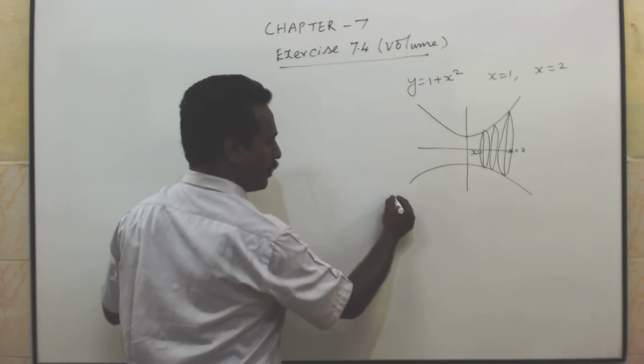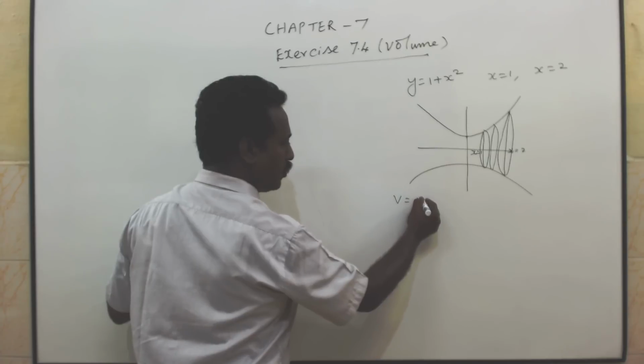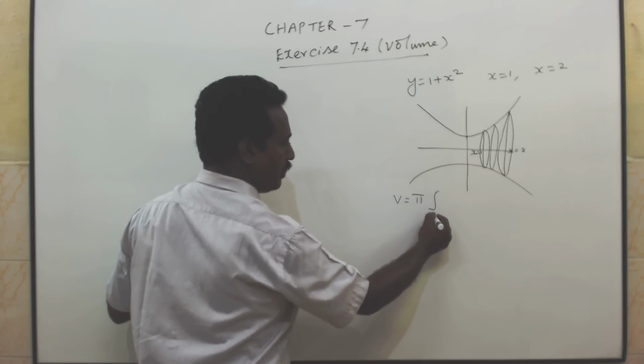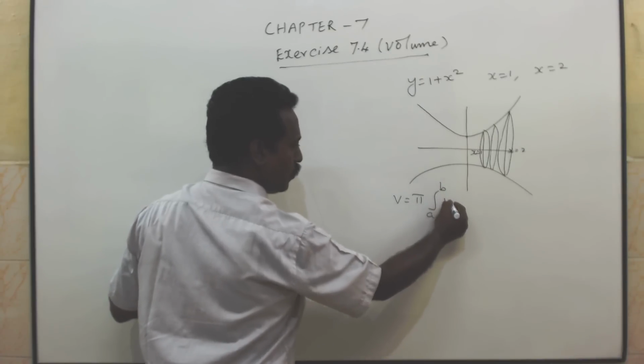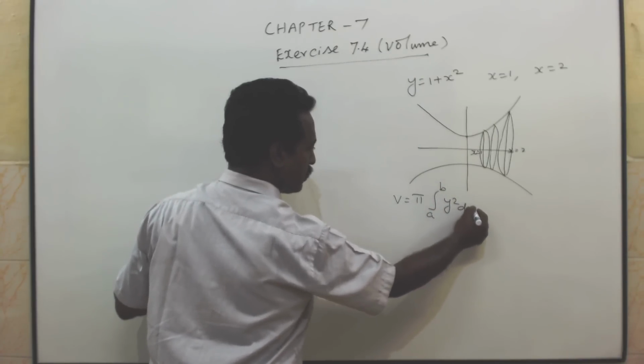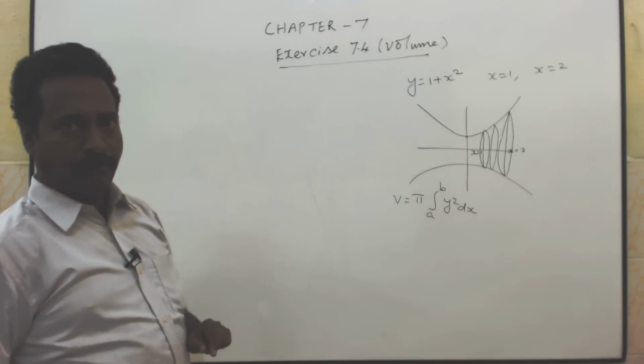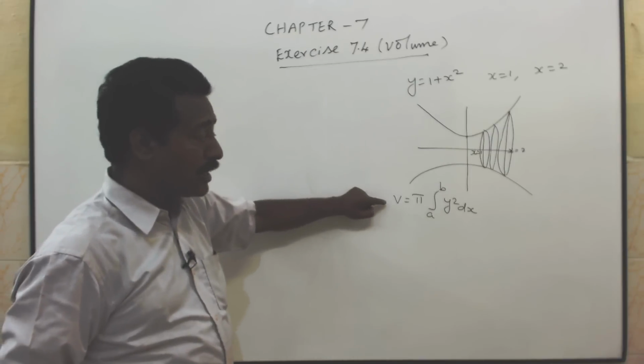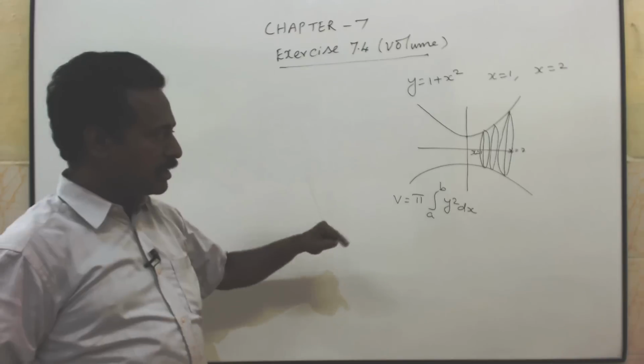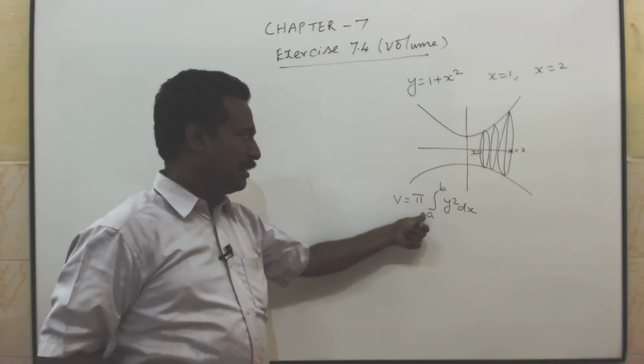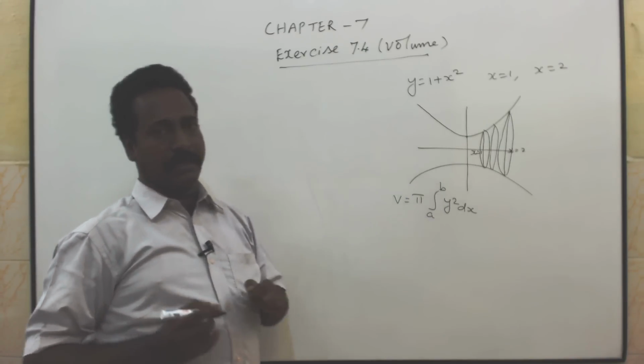Now, what is the formula to find volume? Volume equal to pi integral a to b y square dx, because it revolves about the x-axis. Suppose it revolves about the y-axis, it means pi integral c to d x square dy.